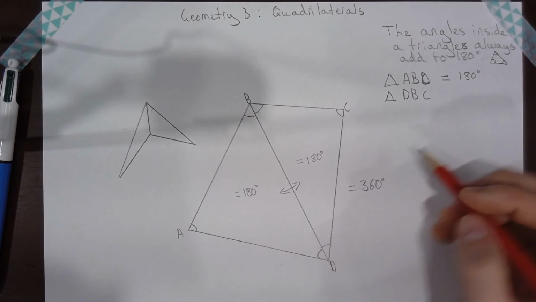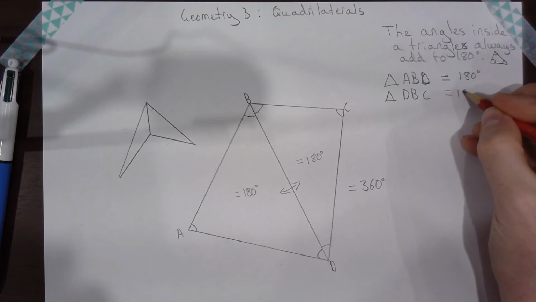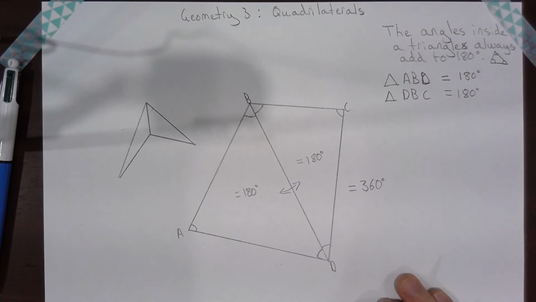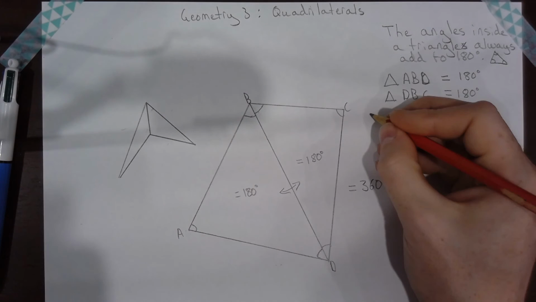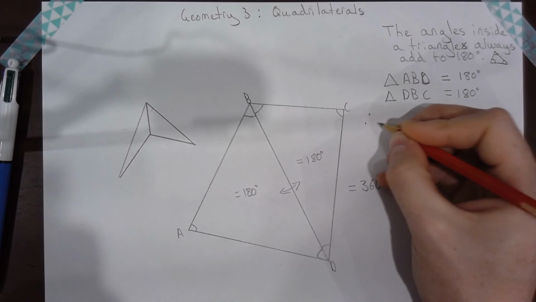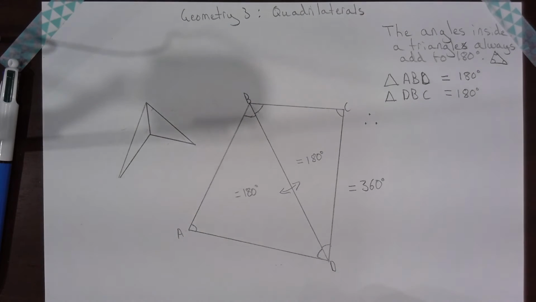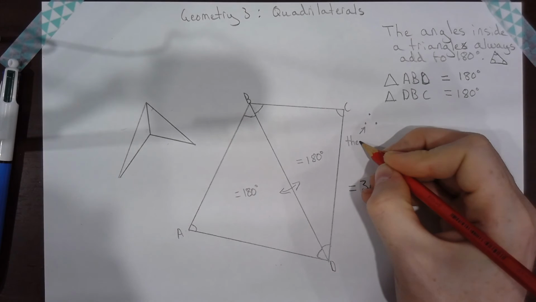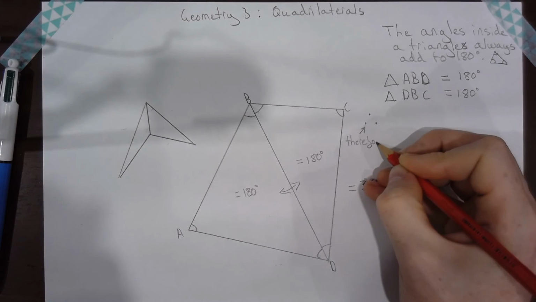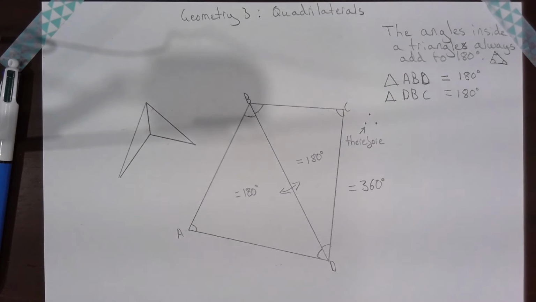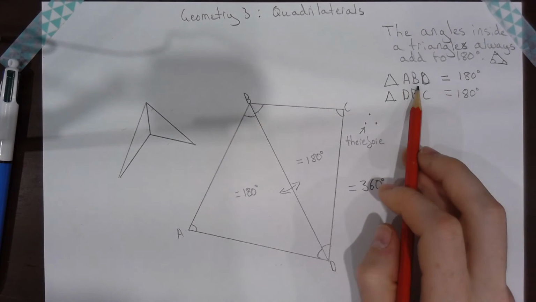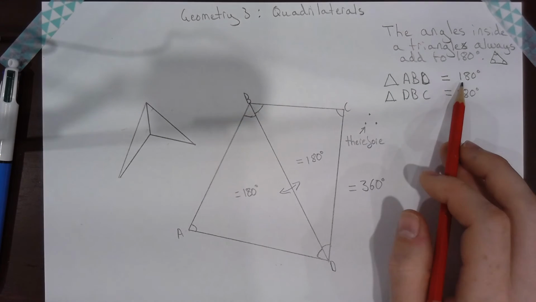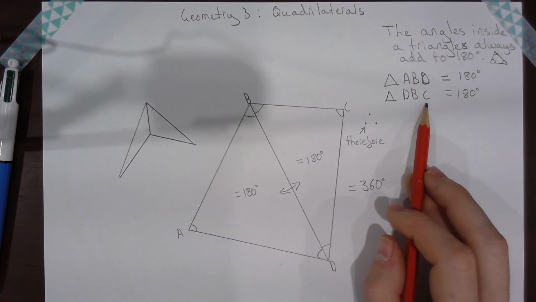And then I'm going to use this little symbol for the first time. And what this symbol means is therefore. So I've said triangle ABD equals 180 degrees, and triangle DBC, sorry, getting my letters mixed up, equals 180 degrees.